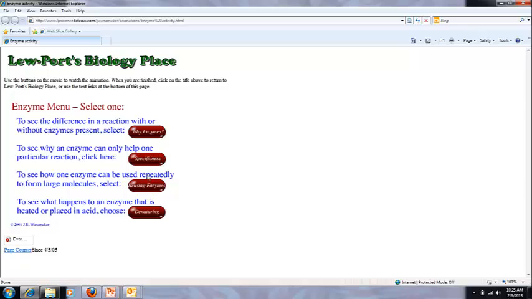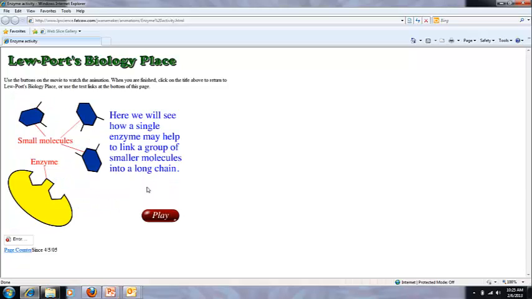Now let's look at reusing enzymes and how we can build these polymers using only monomers. So we've got a lot of these small molecules. Let's say these are little amino acids, okay? And amino acids are going to join together to make protein with the help of an enzyme.